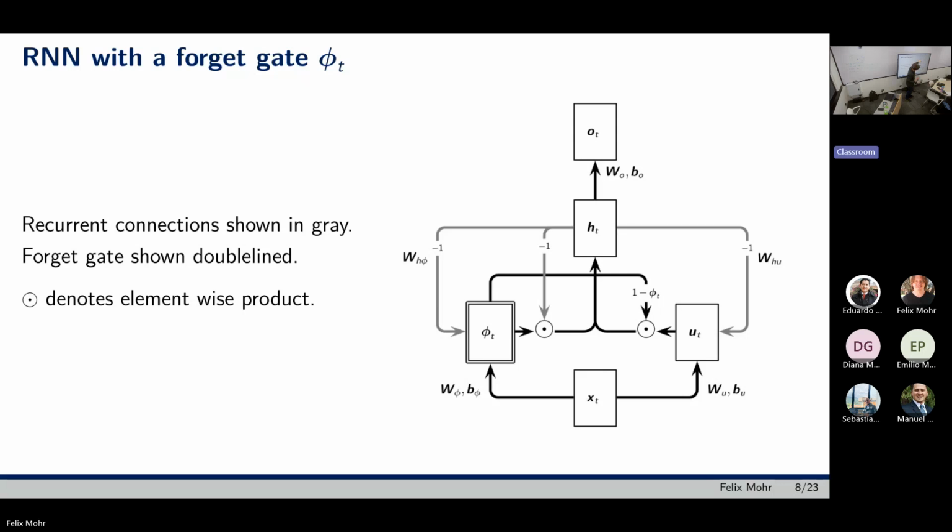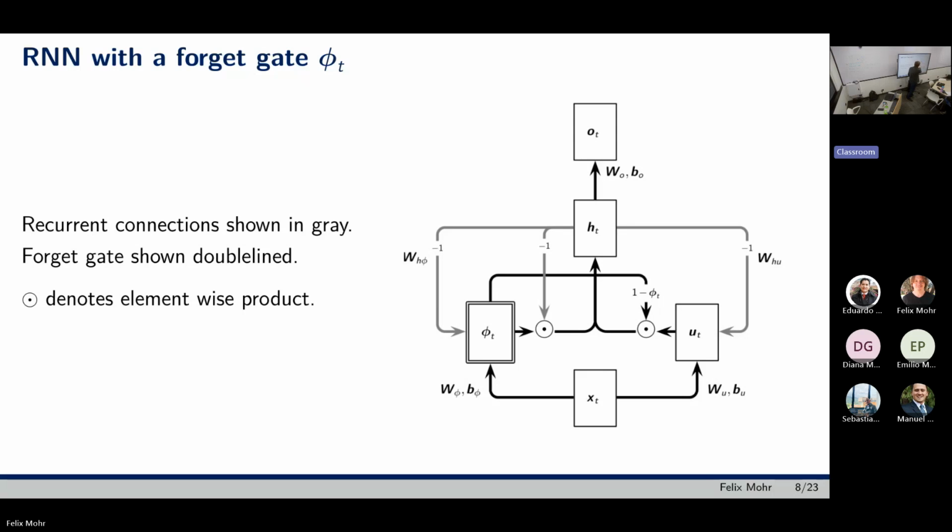This border here is what I refer to as the input interpretation. On this border, we use the internal state to interpret the new token, because these two together give us u_t. So here we use h_t to interpret the new token.